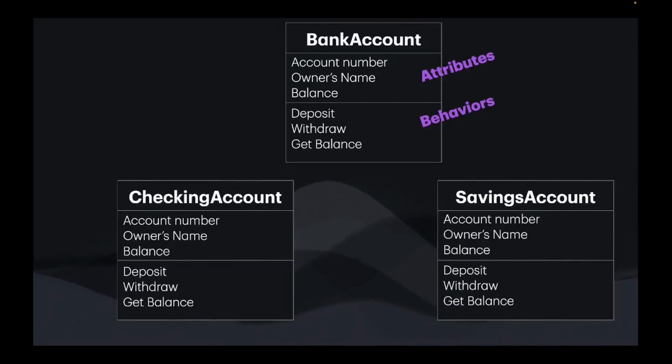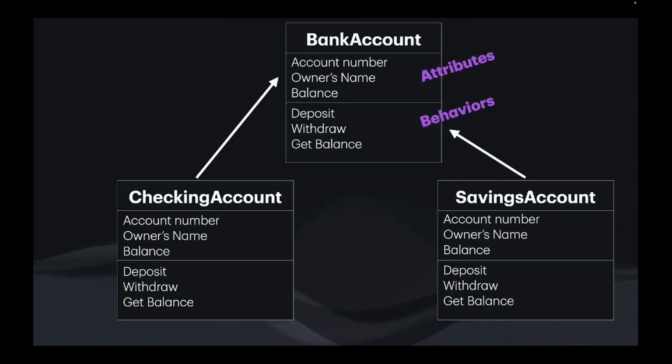You can see that all 3 of these classes have a lot in common. Inheritance allows us to say that a checking account is a type of bank account, so it can inherit the behaviors and attributes that any bank account has. And since a savings account is also a type of bank account, it can inherit those same things.